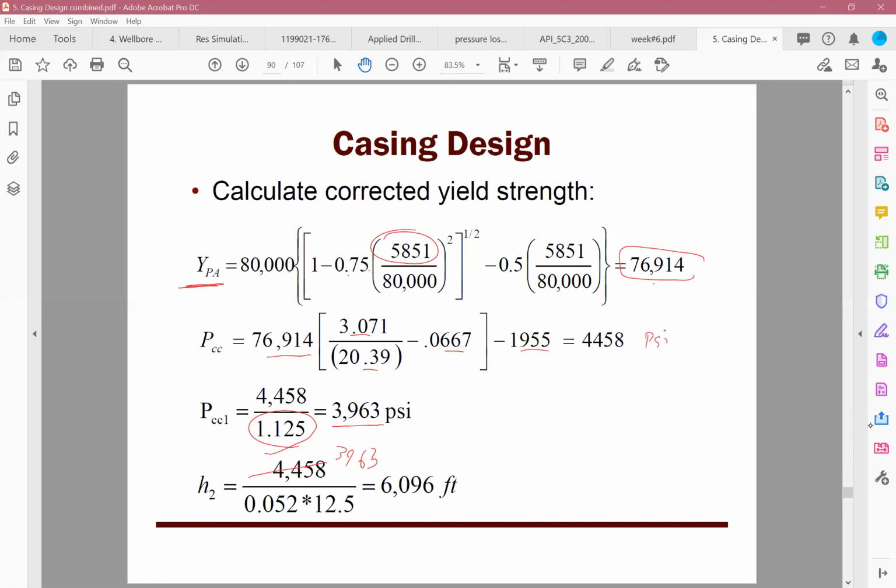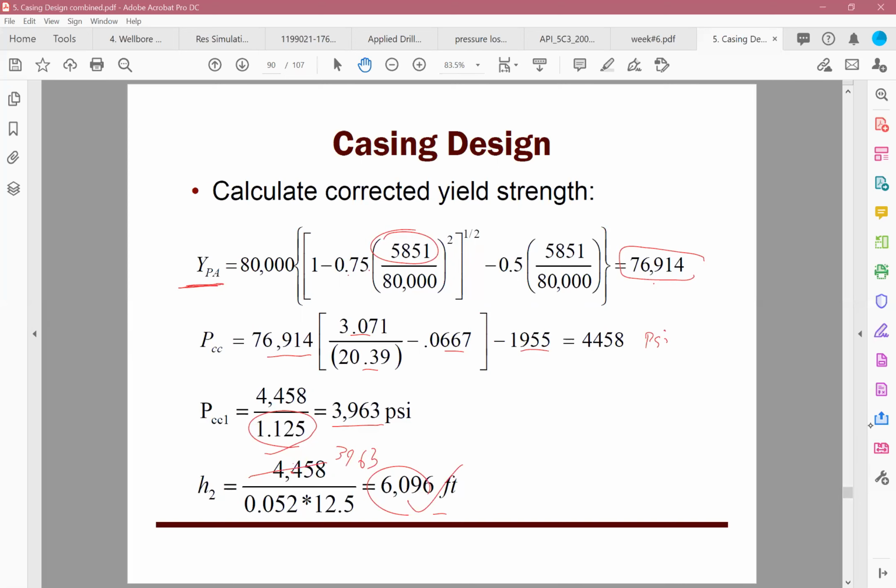Okay, let me see if the numbers are also wrong here. That should be 3,960 divided by 0.052 divided by 12.5. That's 6,096. So the number is correct, but this number is basically written wrong. So this is correct, but this should be 3,963 psi, right?